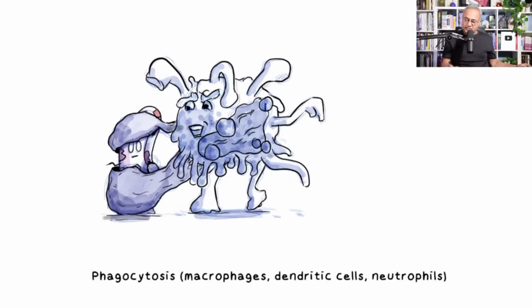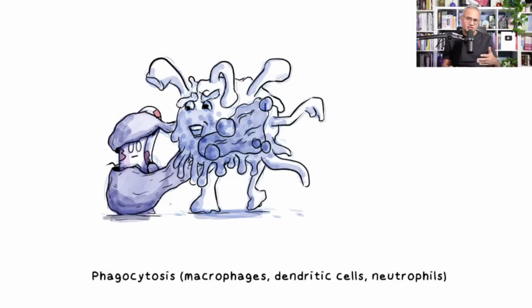As you see here, these little extensions are now going around this bacterium, and slowly they will completely surround it, and this bacterium will become a small vesicle or a pocket that is incorporated in the macrophage.